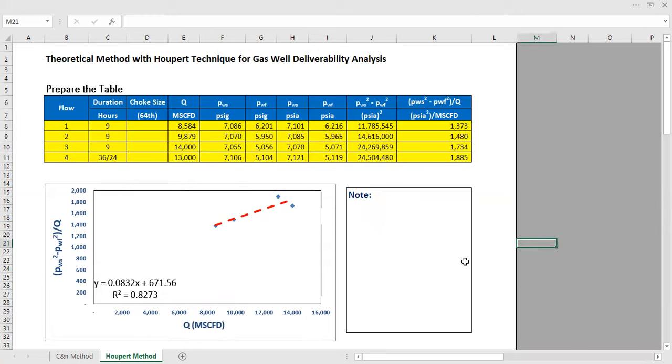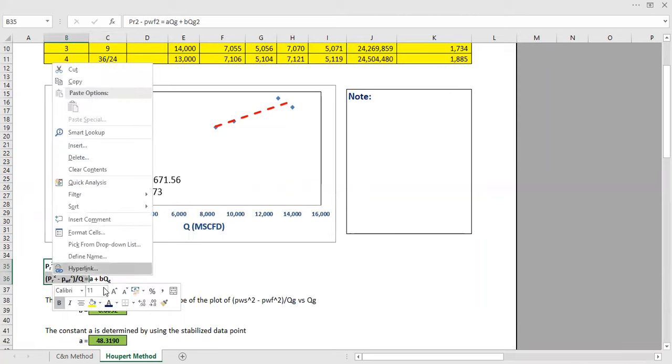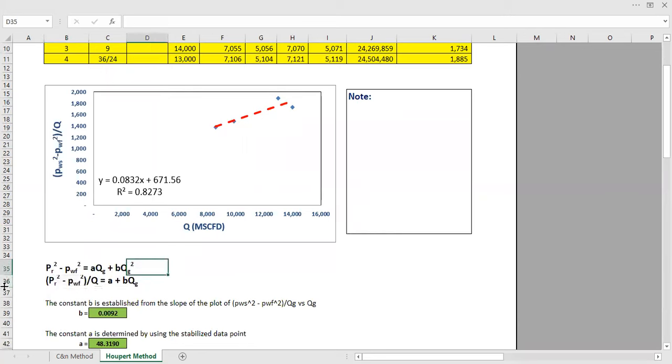All right. Okay, so we get this linear trend, linear equation, and I make this formula as per the technique. So it's like this.